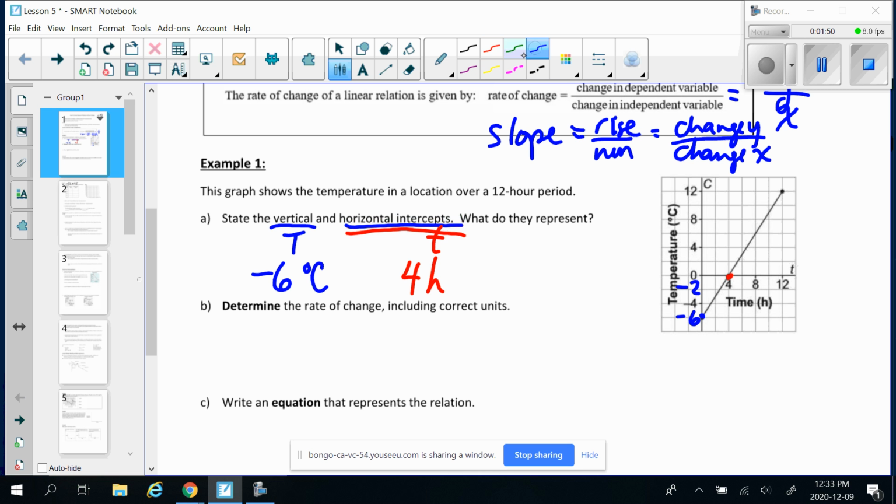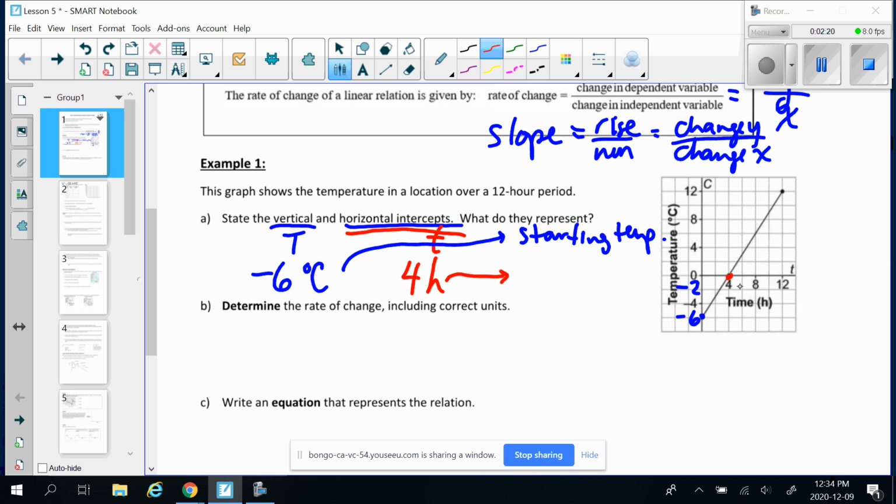Well, -6 degrees is here, where it's -6 degrees at hour 0. So -6 degrees represents the starting temperature, because time is 0, but the temperature is -6 degrees. So the starting temperature was -6 degrees. What about this 4 hours?